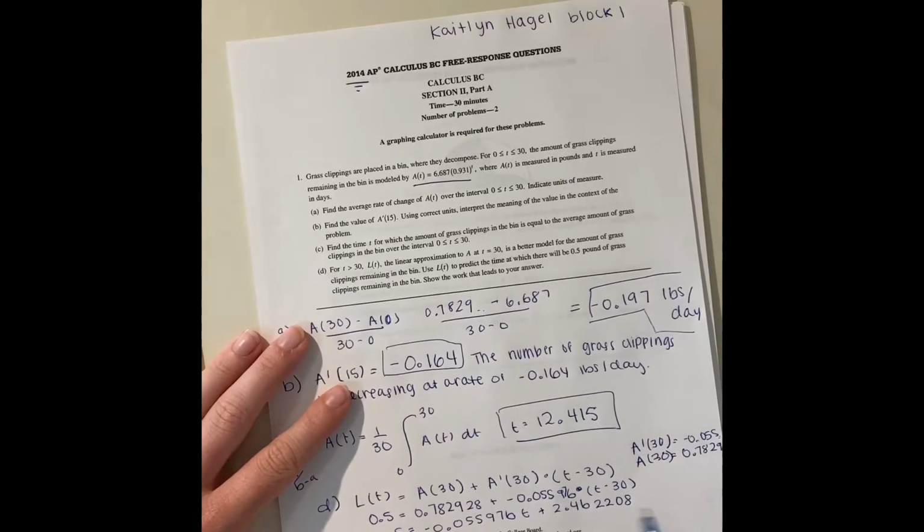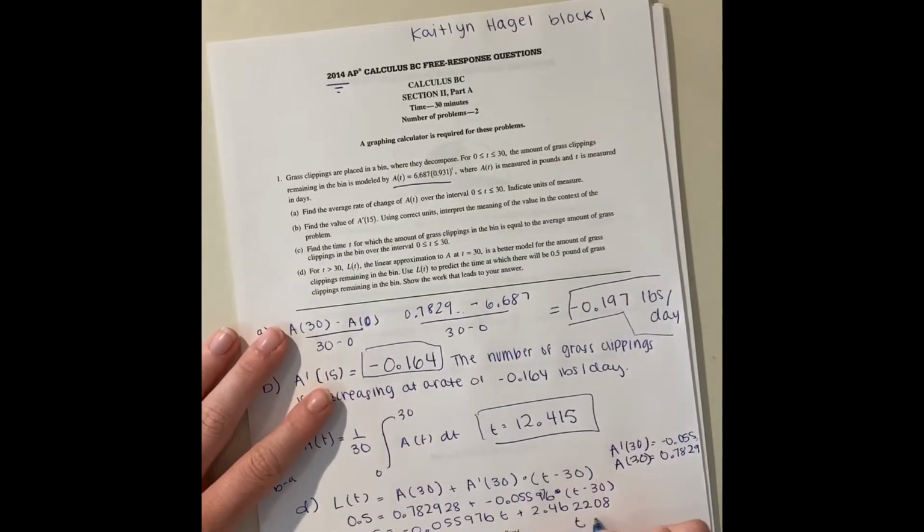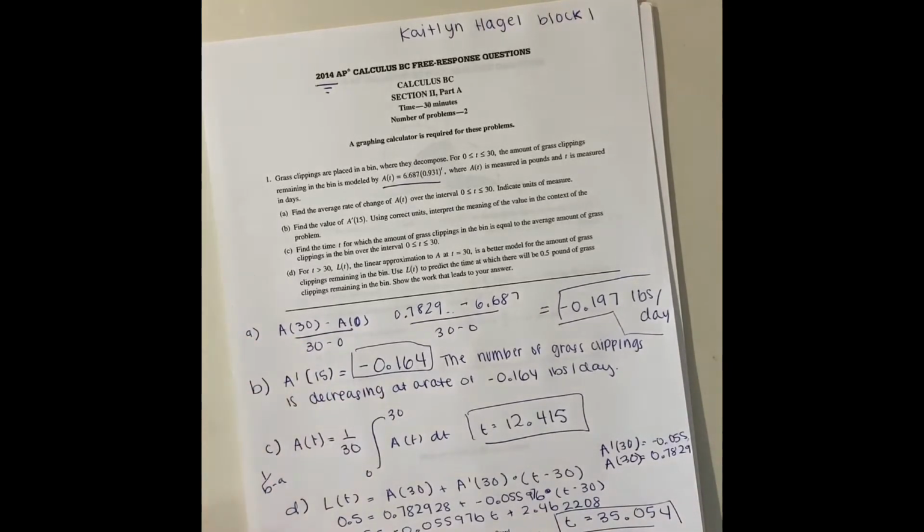And then if we added this over to the 0.5 and then divided by what's in front of our t value, we would get t equals 35.054. And that would be your answer for the linear approximation.